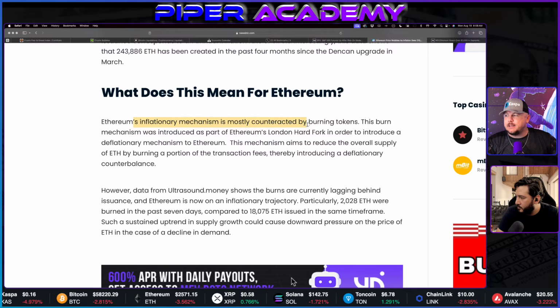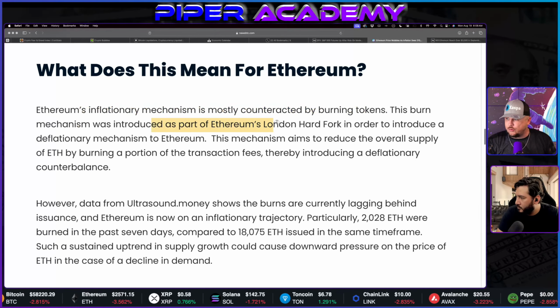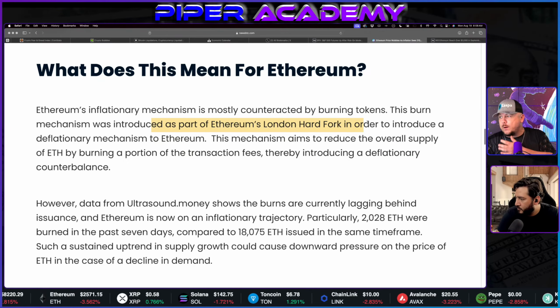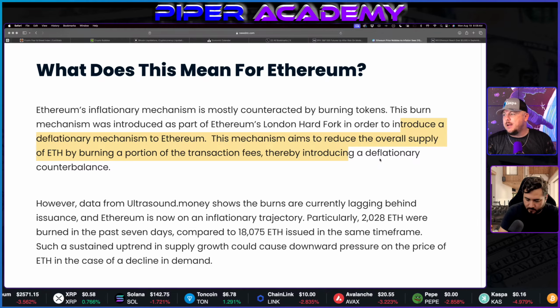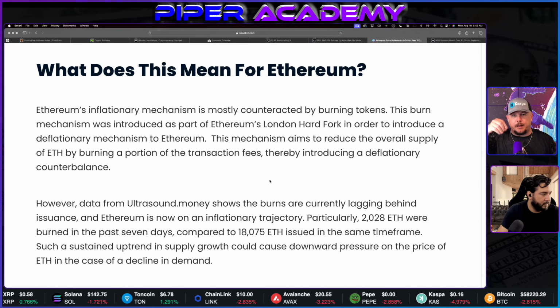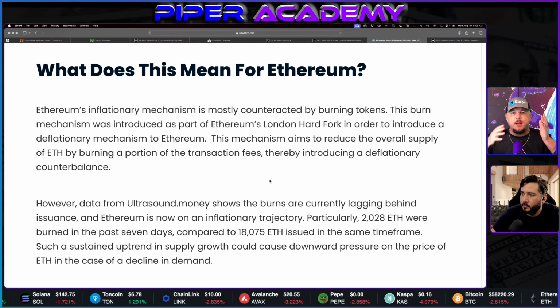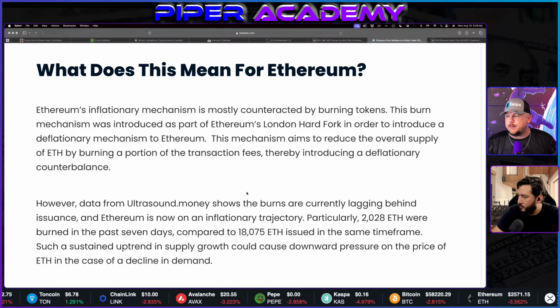Its inflationary mechanism is mostly counteracted by burning tokens. This burn mechanism was introduced as part of the London hard fork in order to introduce a deflationary mechanism to Ethereum, right? It aims to reduce the overall supply because there's fees that they burn off every time there is a new transaction. So new transactions burn off Ethereum.